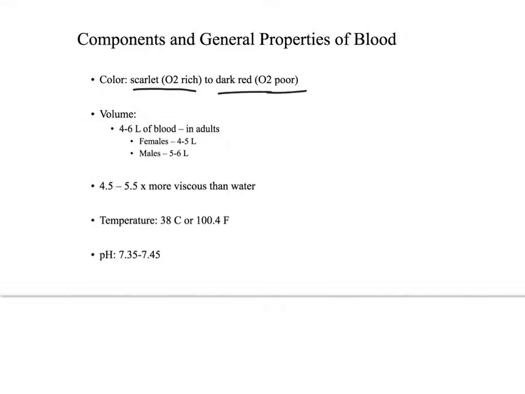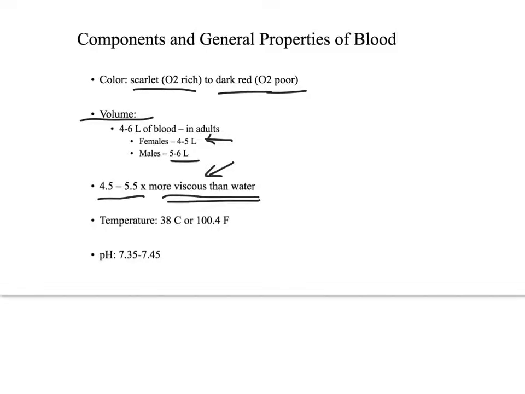Okay, the volume of blood that one person has is between 4 to 6 liters in adults. So females are on the low end of that range, so 4 to 5 liters, and males are 5 to 6 liters.